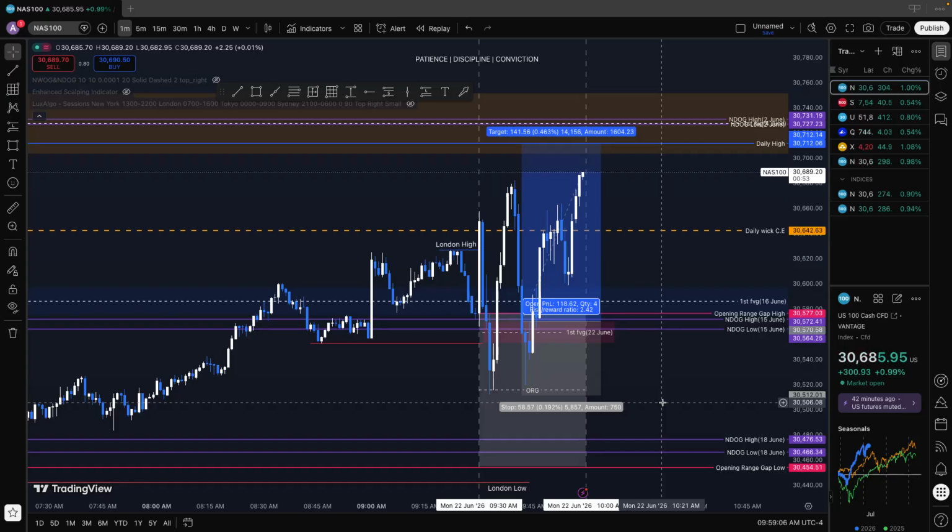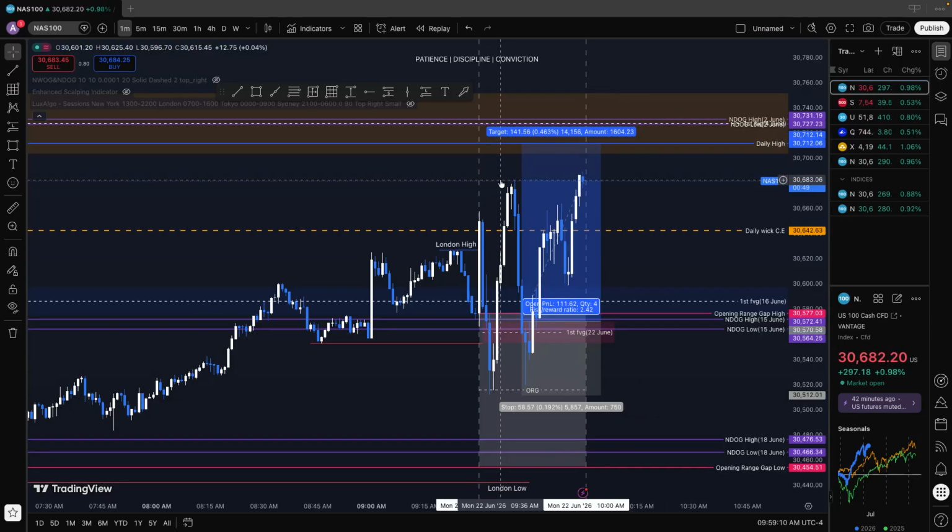TP1 would have been hit, which is this one right over here. Now we're just waiting for that.